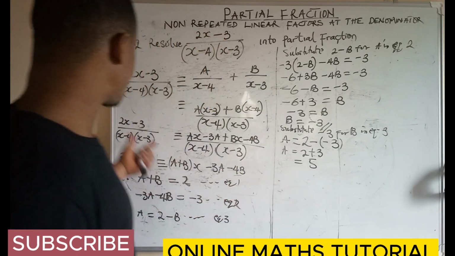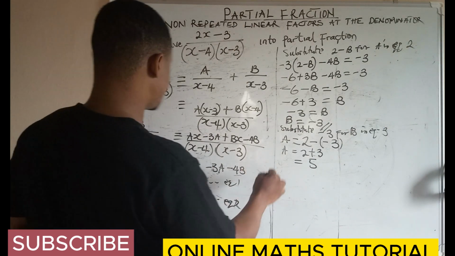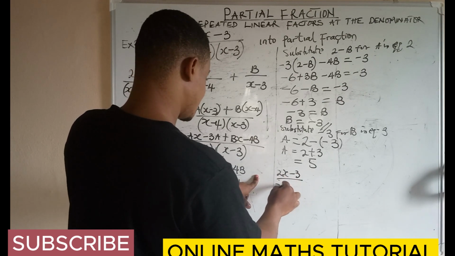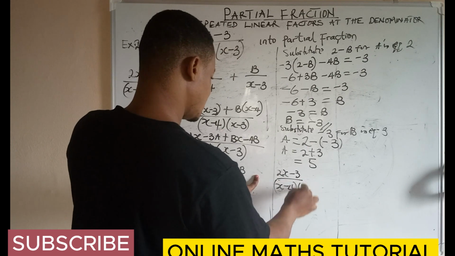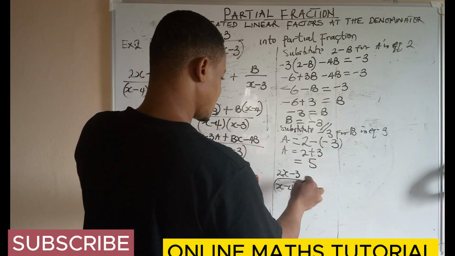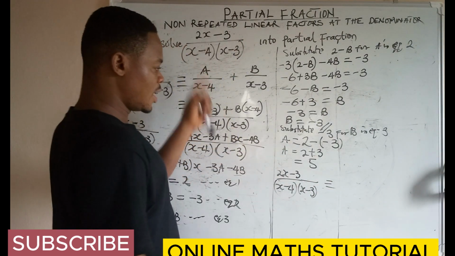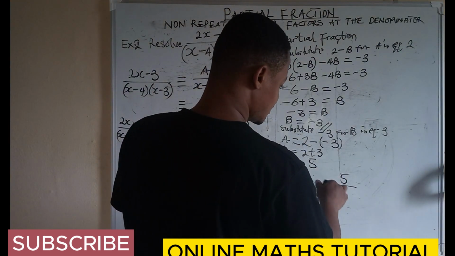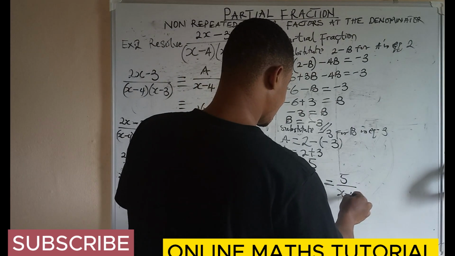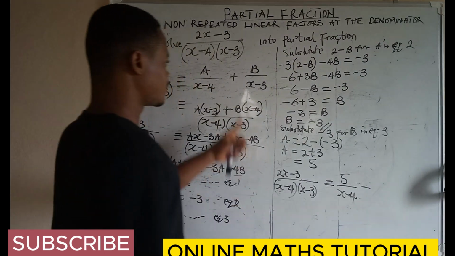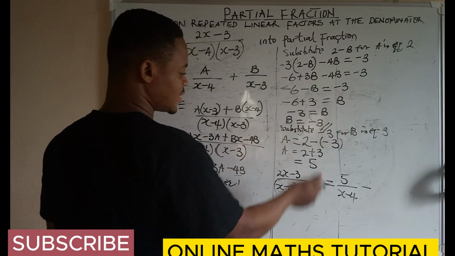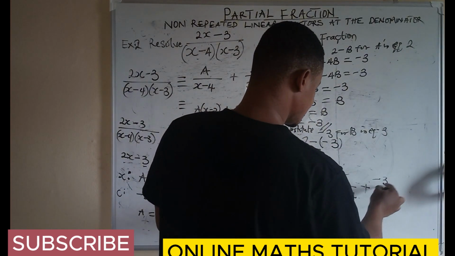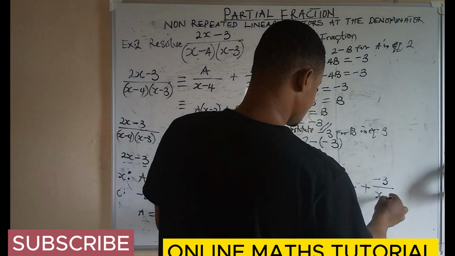So we can now go back to this point where we have established that 2x minus 3 all over x minus 4 into x minus 3 is equivalent to a, which is 5, all over x minus 4, plus b, which is minus 3, all over x minus 3.